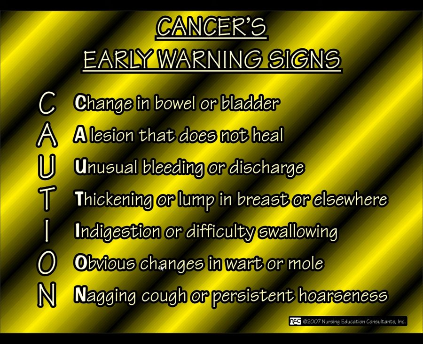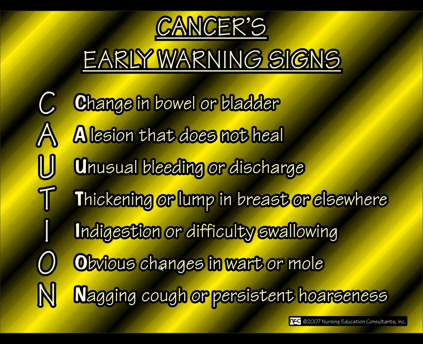So cancer's early warning signs are going to include the C, which is a change in bowel or bladder habits. A, on the chart here, it says a lesion that does not heal. According to your text, and what I want you guys to know, A stands for a sore throat that does not heal.